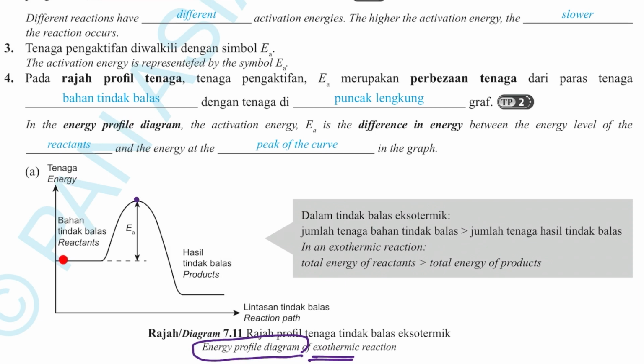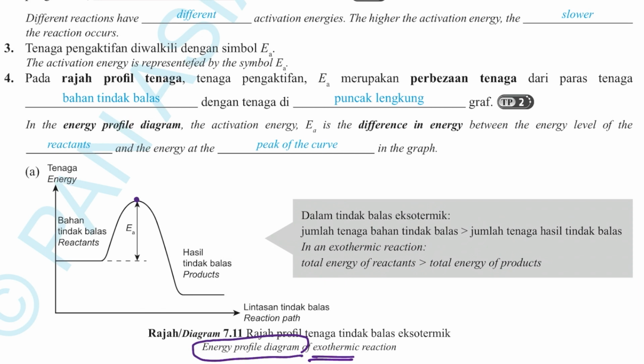So let's say I have a reactant. The reactant must achieve the activation energy so that the products can be formed. So you see, this is EA, activation energy. Minimum energy required by the reactant so that reaction can occur to produce product.